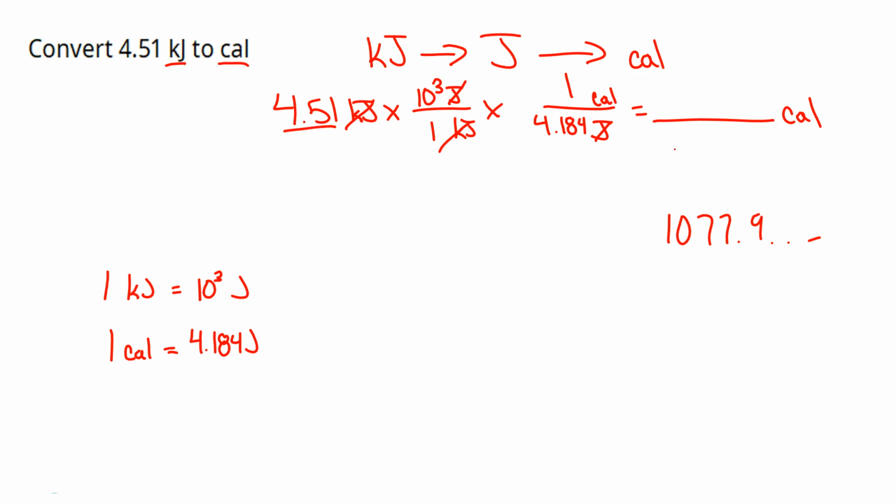So I can write it as 1080, and that tells me 3 sig figs. Or I can put this in scientific notation, 10 to the third, because I'm going 1, 2, 3 places. The decimal is assumed to be there.